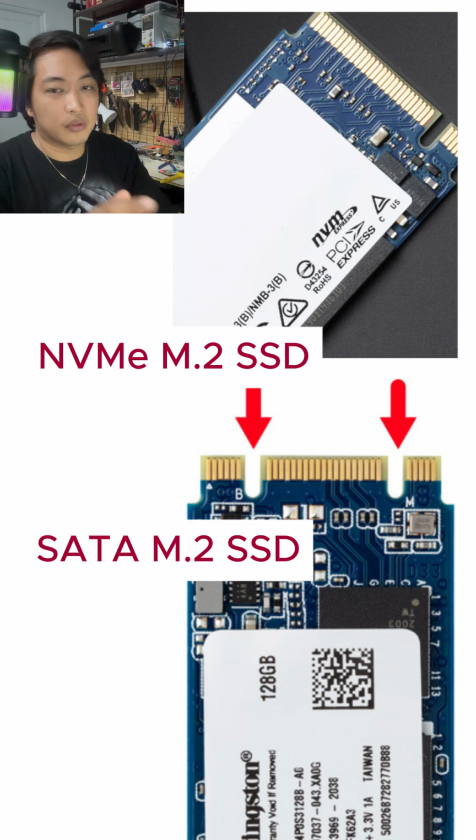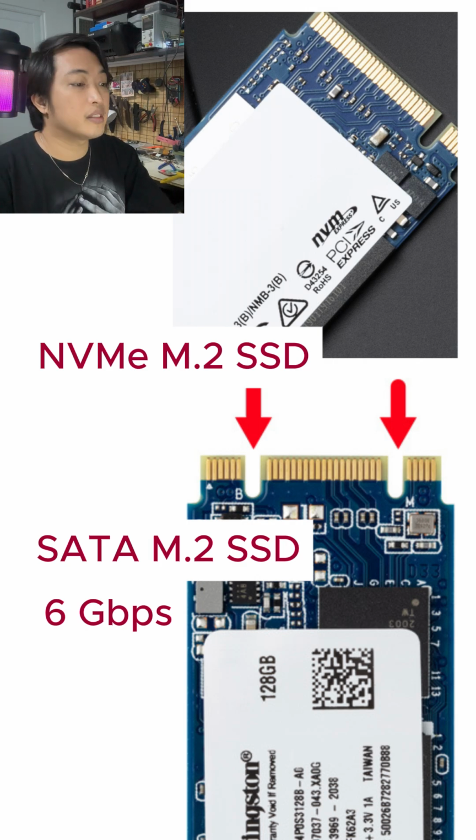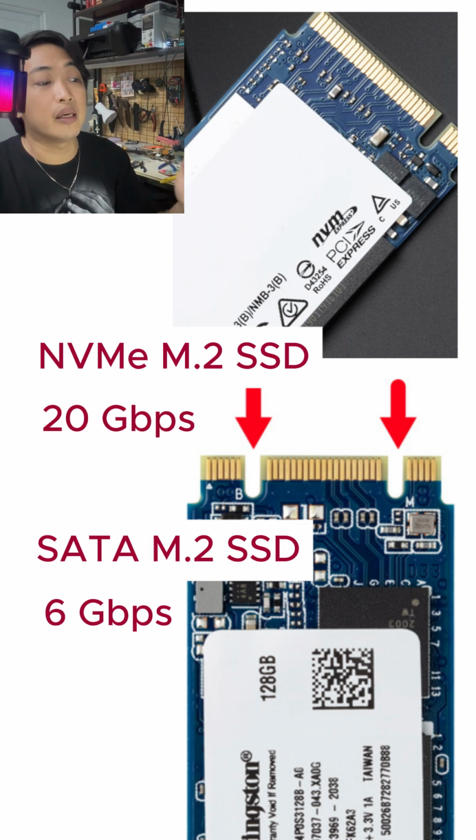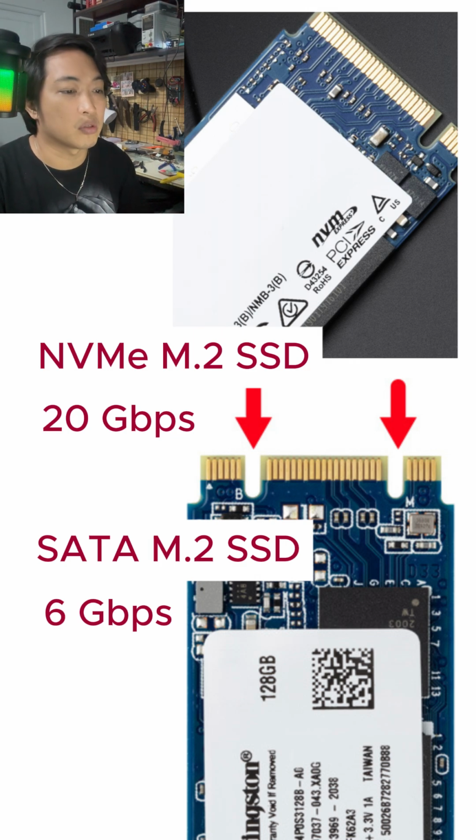For the SATA M.2, the speed is 6 gigabits per second, compared to the NVMe, which is the newer version, at 20 gigabits per second. So it has a large difference when it comes to speed.